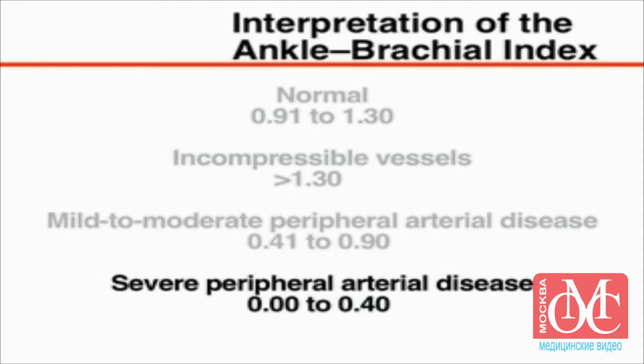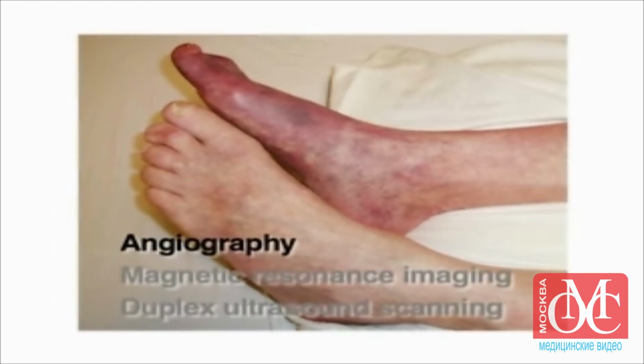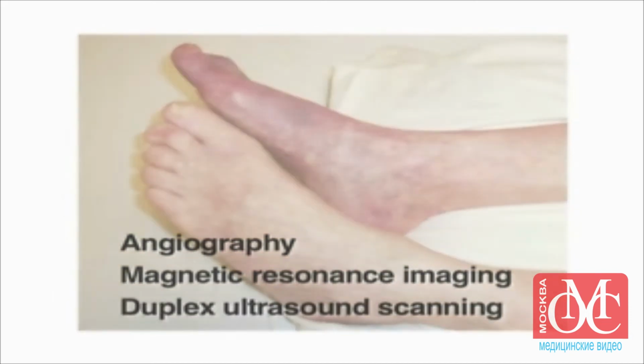Below 0.4, severe peripheral arterial disease is usually present. Depending on the presentation and symptoms of patients, you may decide to perform additional investigations such as angiography, magnetic resonance imaging, or duplex ultrasound scanning.